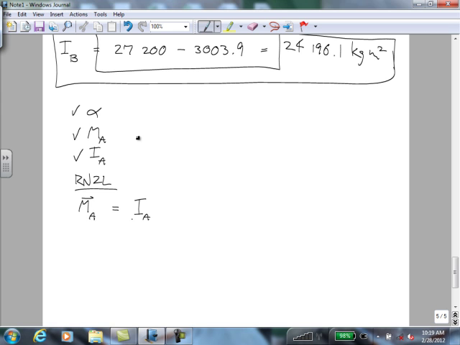The definition of rotational Newton's second law is the total moment vector on the body is equal to the moment of inertia times the angular acceleration. Notice that the moment and the moment of inertia have to be defined about a point, and those points have to be the same. And that's not the only restriction.